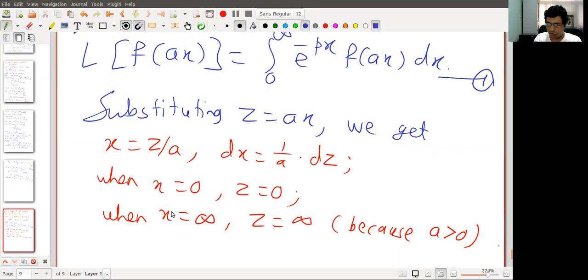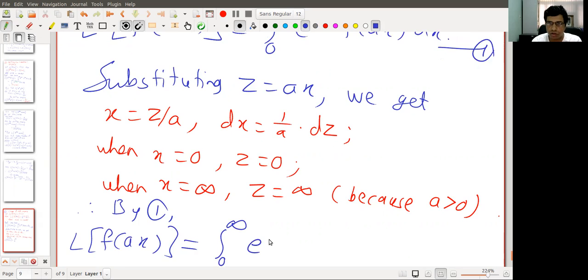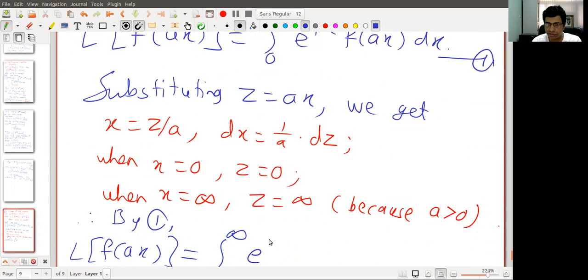Now we substitute all these things in 1. Therefore, by 1, Laplace transform of f of ax equal to integral, limits of integration are z equal to 0 to infinity, then e raised to minus px.